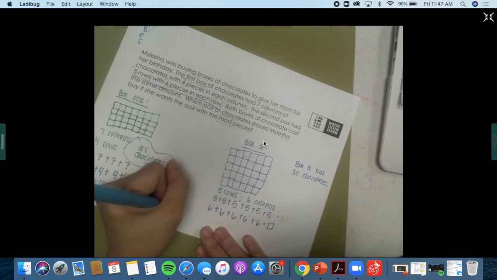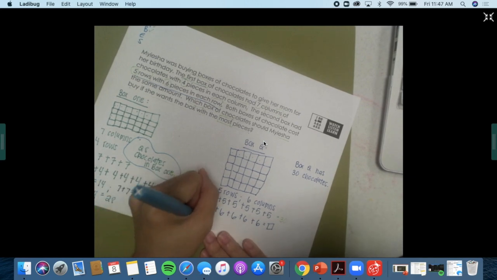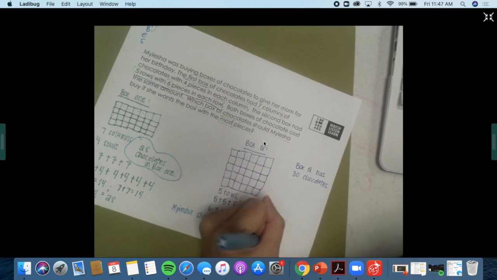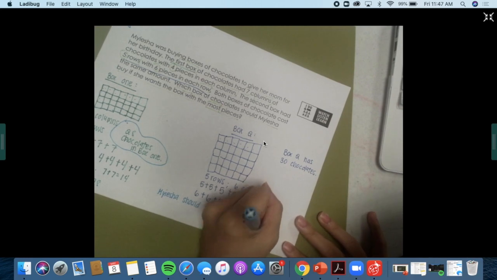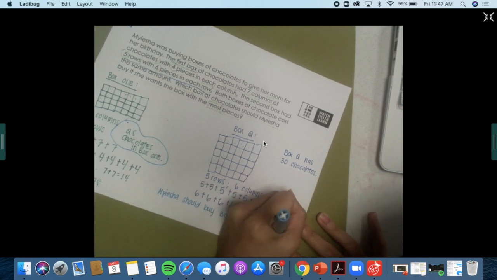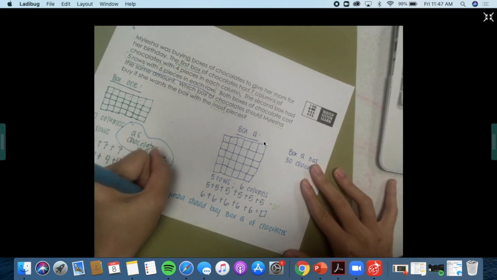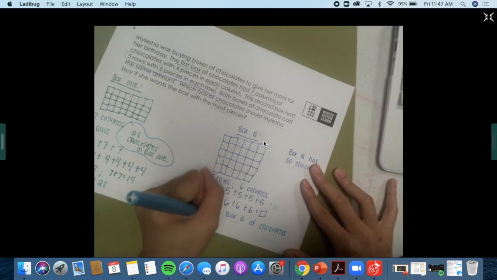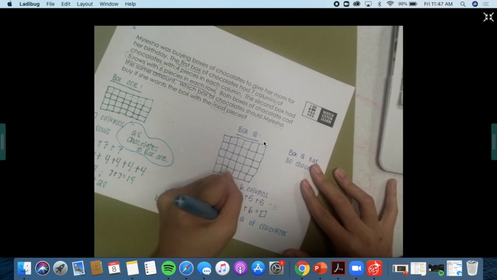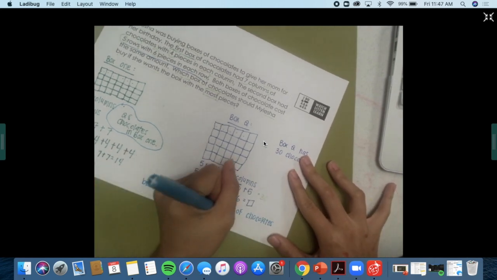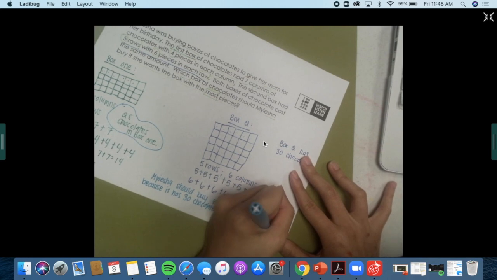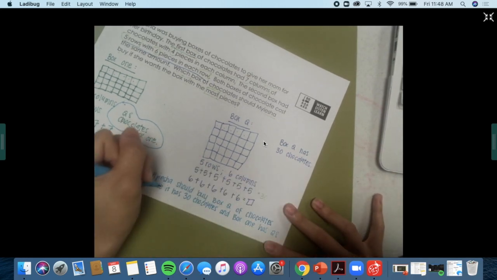Well, I'm going to write: Maisha should buy box 2 of chocolates because it has 30 chocolates and box 1 has 28 chocolates.